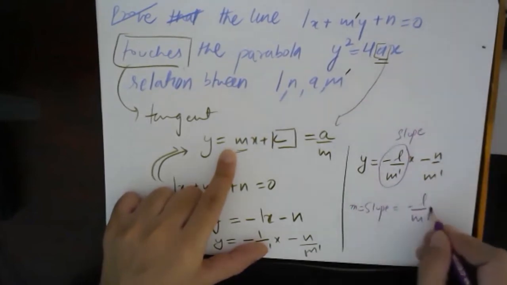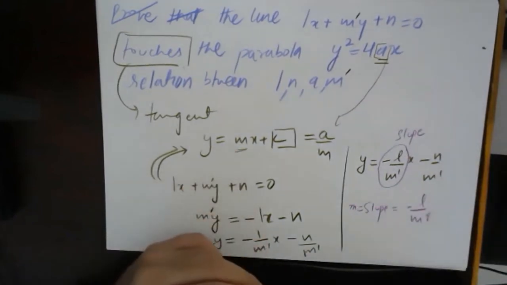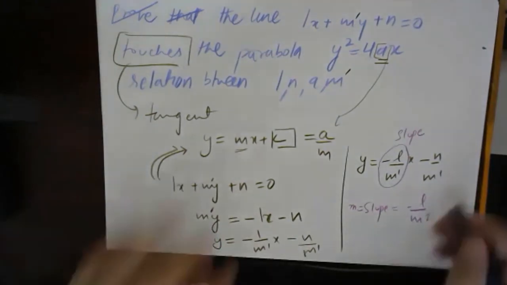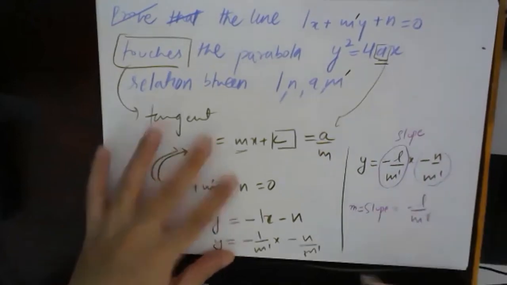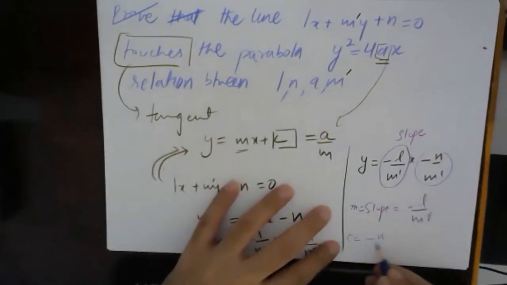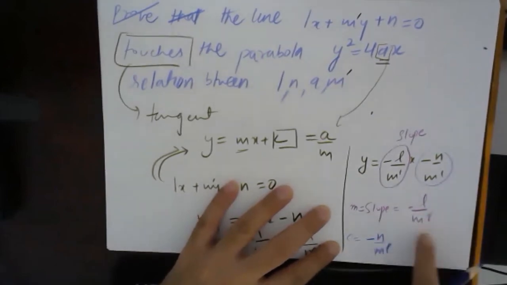And what is C? C is equal to minus n by m dash. So we have minus L by m dash and minus n by m dash.